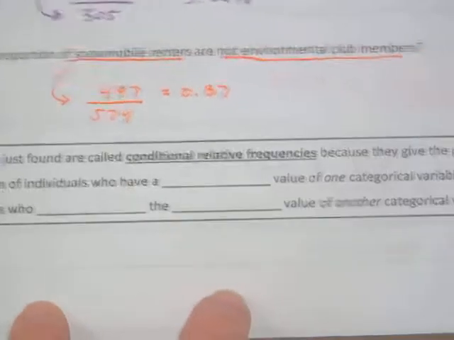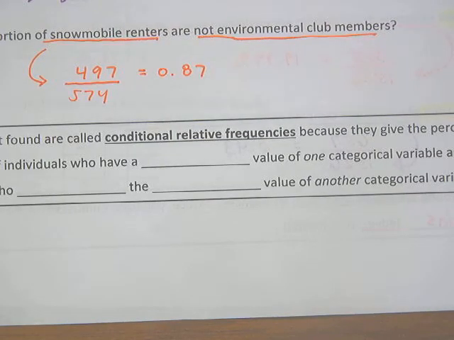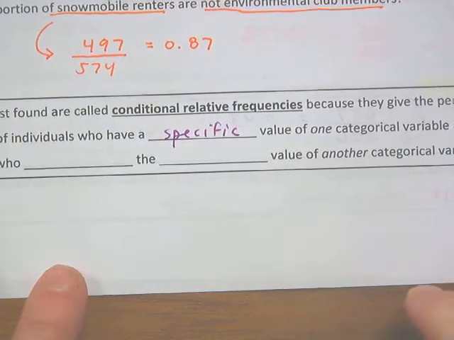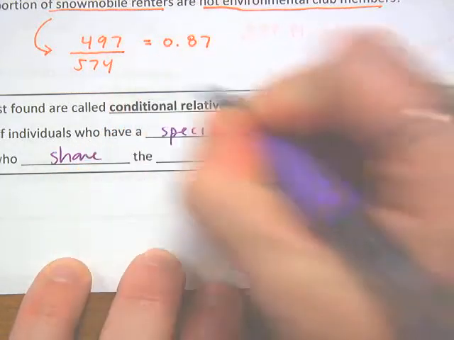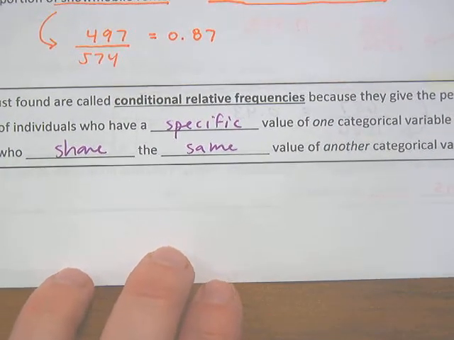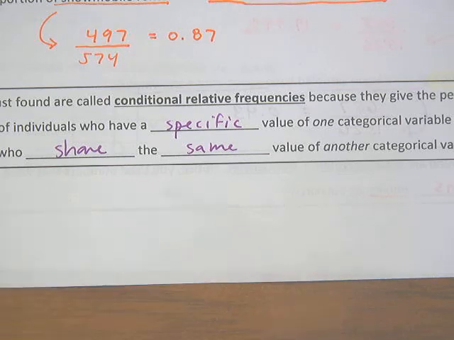So numbers 5 and 6 are called conditional relative frequencies because they give you the percent or proportion of individuals who have a specific value of one categorical variable among individuals who share the same value of another one. Again, as a student, I don't really want you to memorize this big crazy textbook definition here.